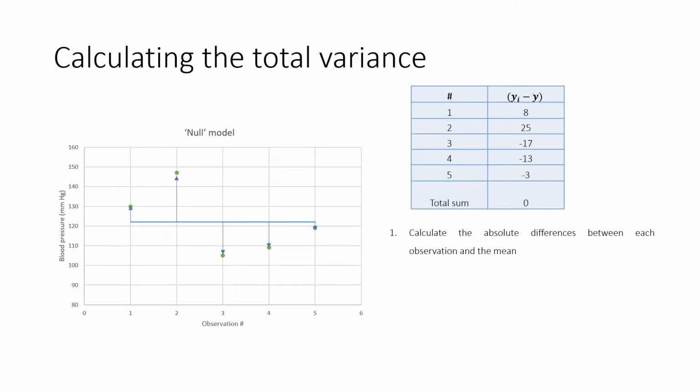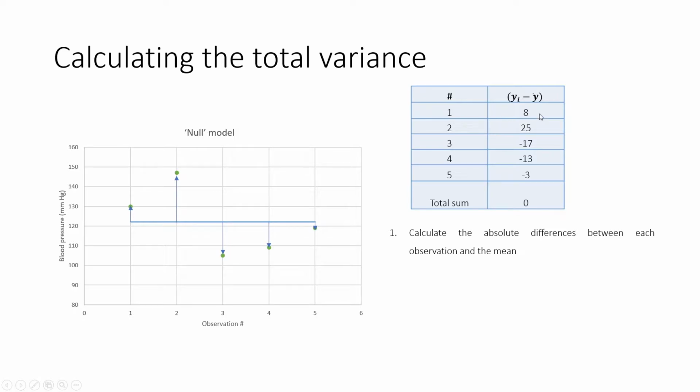And we can do that by calculating the absolute differences from each observation to the mean. So that's what I did here. You can see that I'm calculating the distance from the line that we've drawn, from the mean that we've drawn in this graph. And we subtract the mean from each individual, each yi.